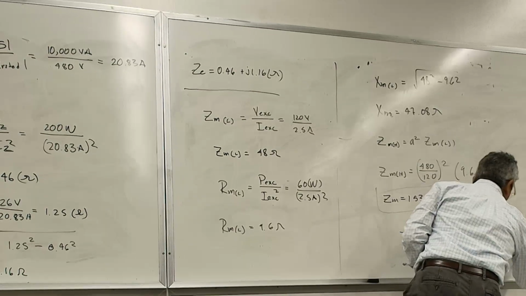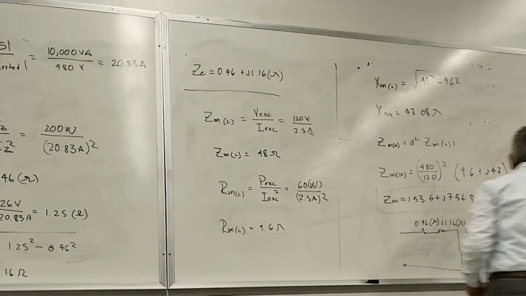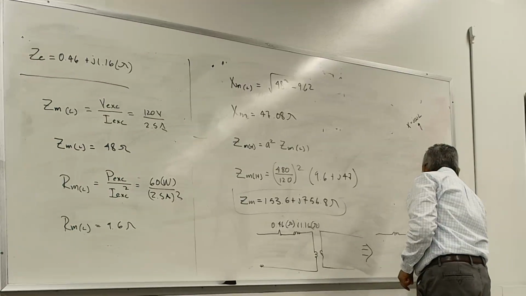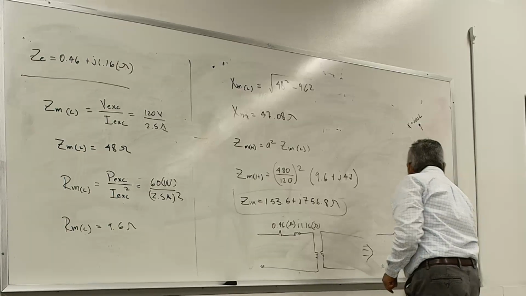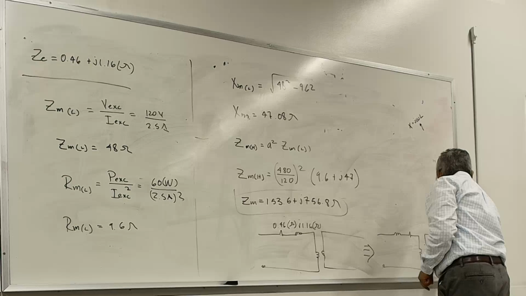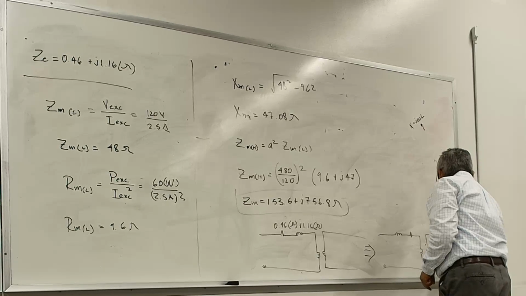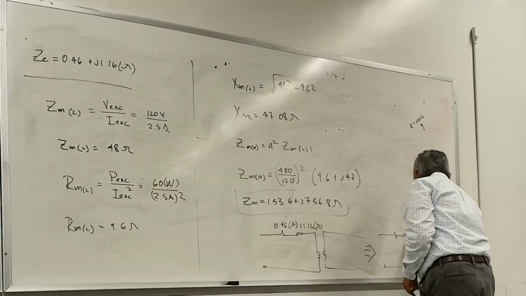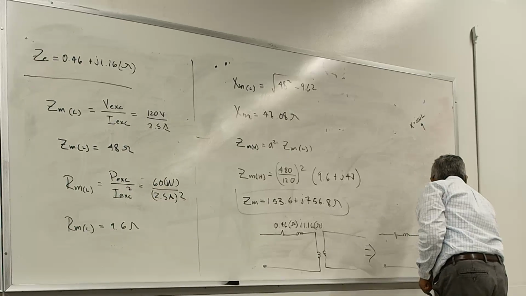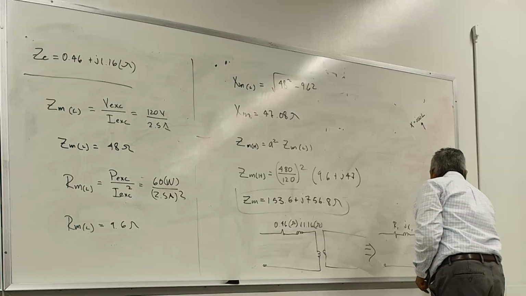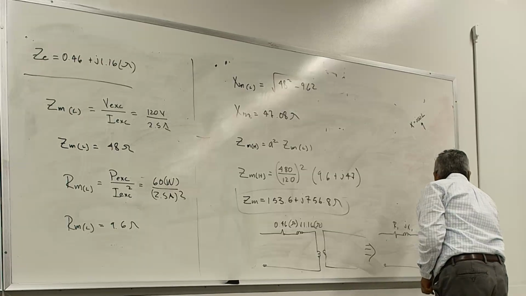Okay, so what will you do if I'm asking you to give me this, and I don't tell you anything else? First, R1, JX1, R2, AX2.